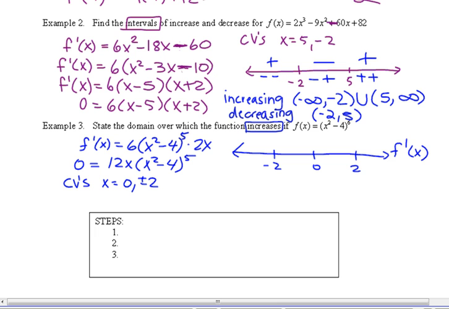So 12 times -3 is a negative. -3 squared is positive 9, minus 4 is +5, and to the power of 5 still positive. So that would be a negative. Now let's try -1, because we need something in between. 12 times -1, negative. -1 squared, +1 minus 4, negative, to the power of 5 is still negative, so a positive.